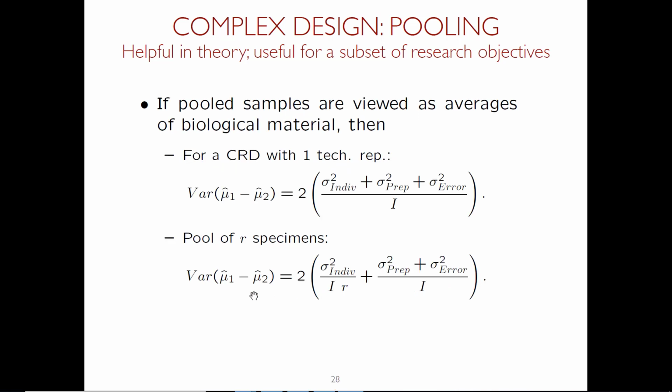And again, we evaluate this using exactly the same argument. So if I don't pool, I have capital I number of subjects in each group. So this is my variance from the randomized design. But instead of each subject, if I actually have R people which are pooled together, this is kind of like averaging, but averaging biologically and physically.